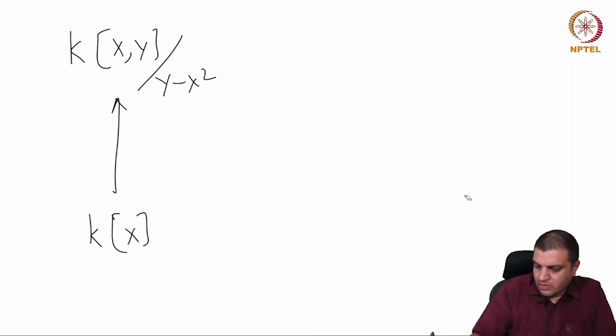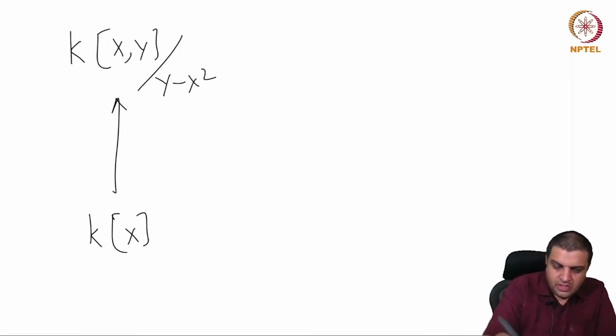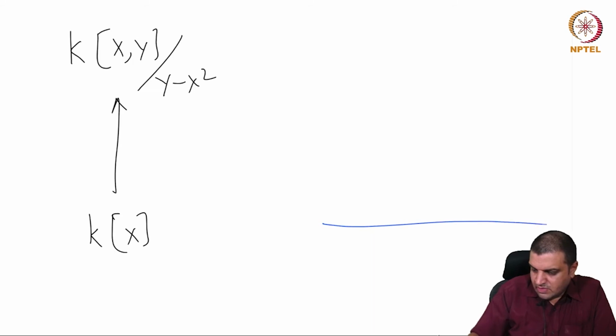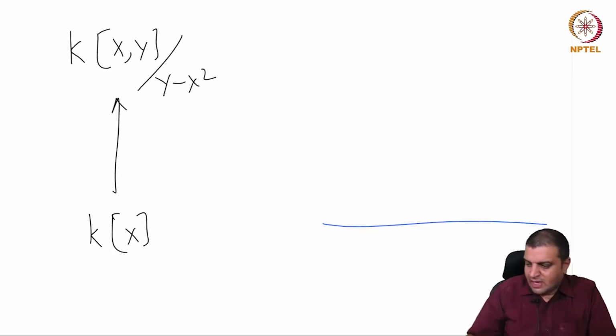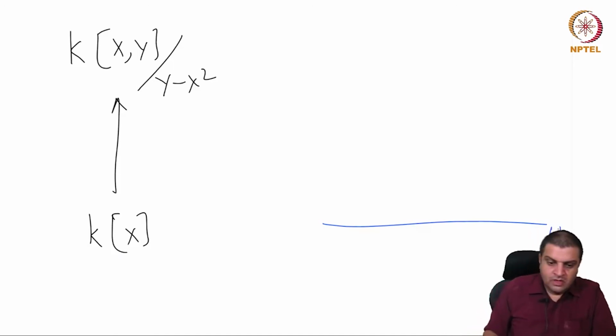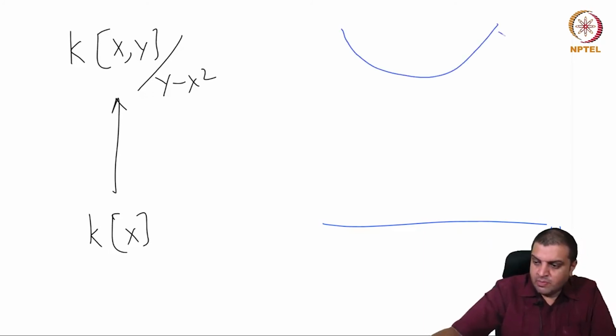Here the max spec of this is just one line, meaning it is just K1. Here is this parabola, y equals x squared.